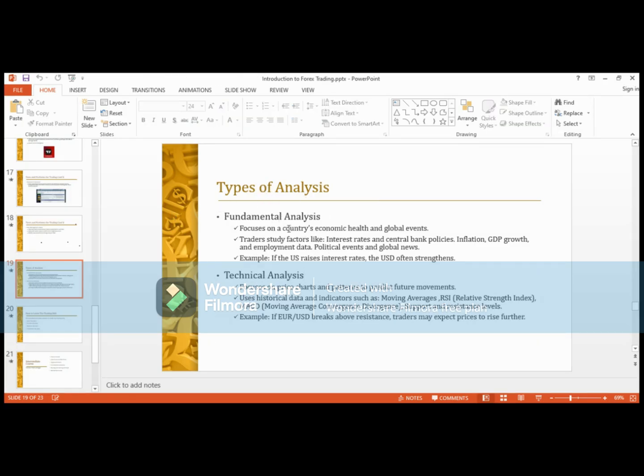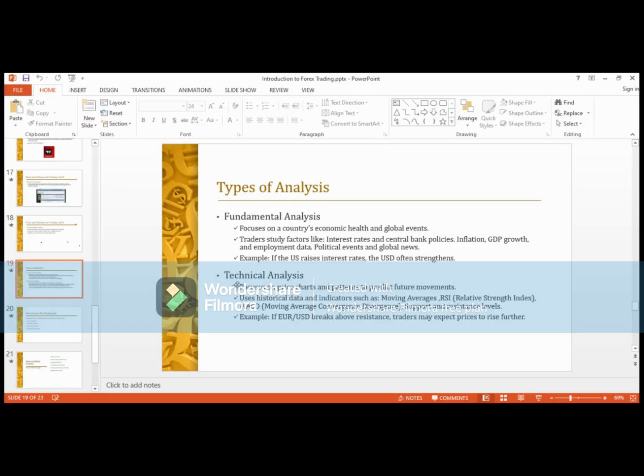For the fundamental analysis, it focuses on the country's economic health and global events. Traders study factors like interest rates and central bank policies, inflation, GDP growth, employment data, political events, and global news.